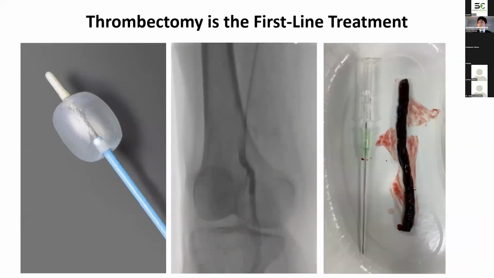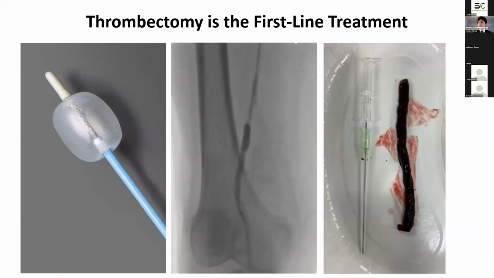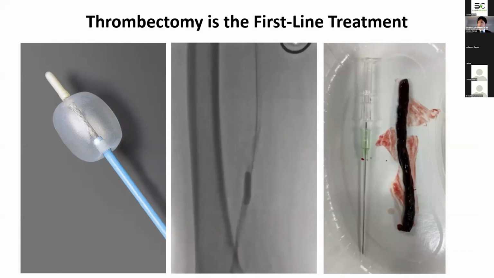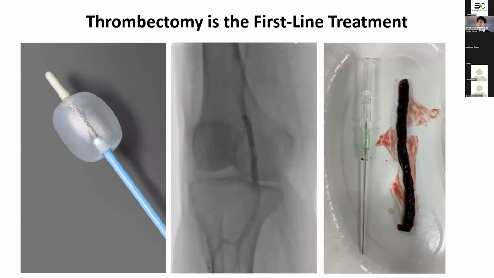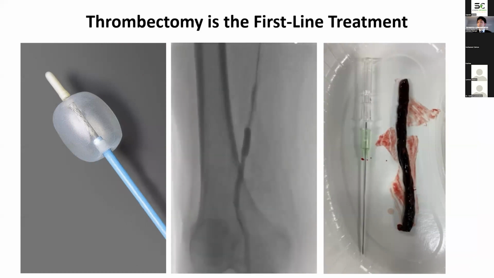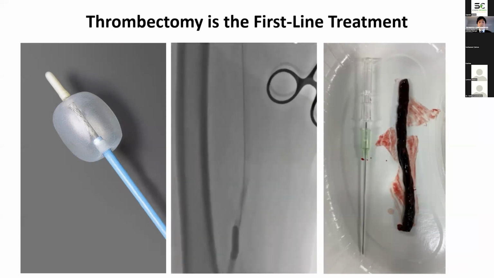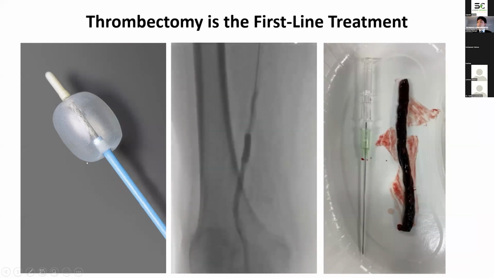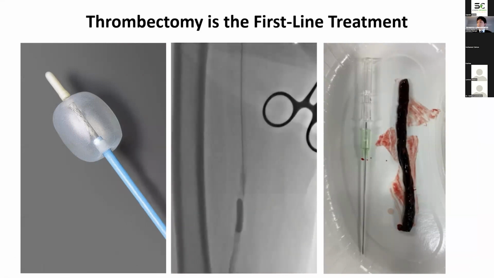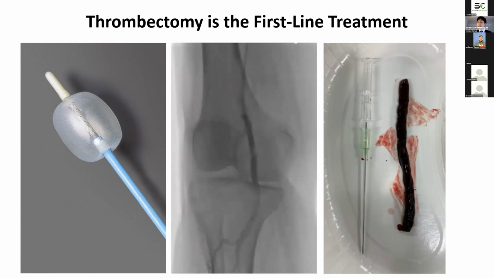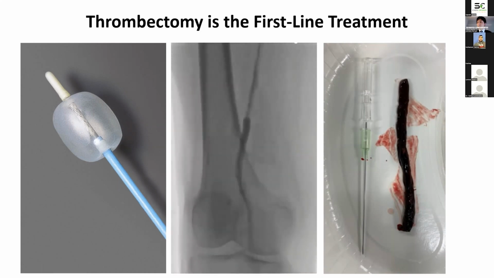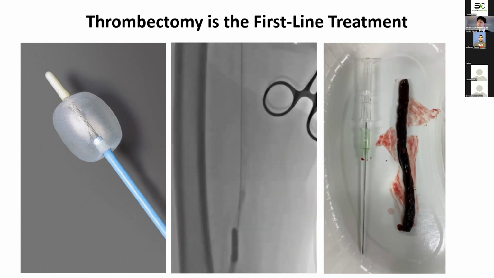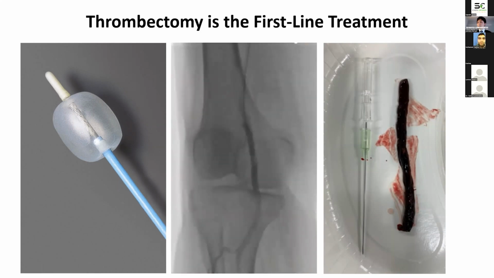For revascularization of ALI, surgical procedure has been performed traditionally. Even now, it is recognized as a first-line treatment. Thrombectomy using a Fogarty catheter like that was a game changer for ALI treatment. Especially, it is extremely effective for patients with ALI due to embolization.